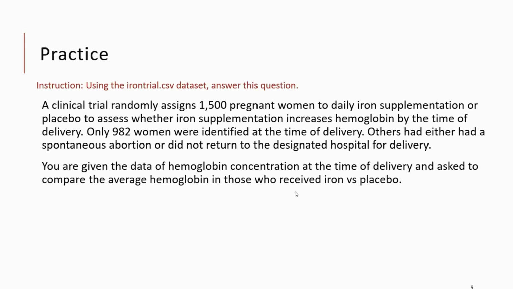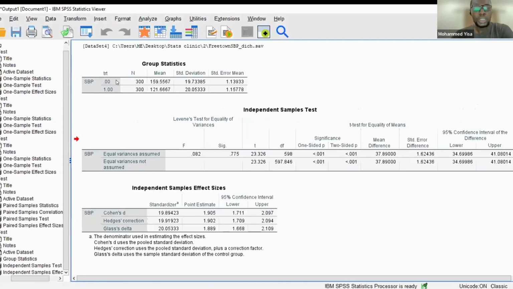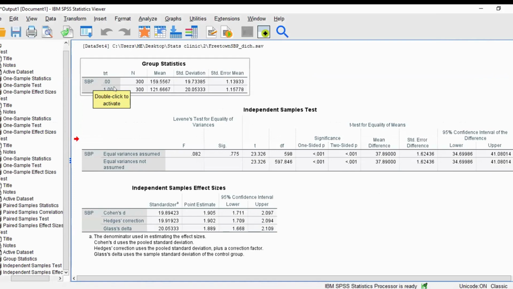Okay, let me go back. So you can see that we are using these two treatment groups, 0 and 1. We are subtracting group 0 from group 1. Sorry, we are subtracting group 1 from group 0.